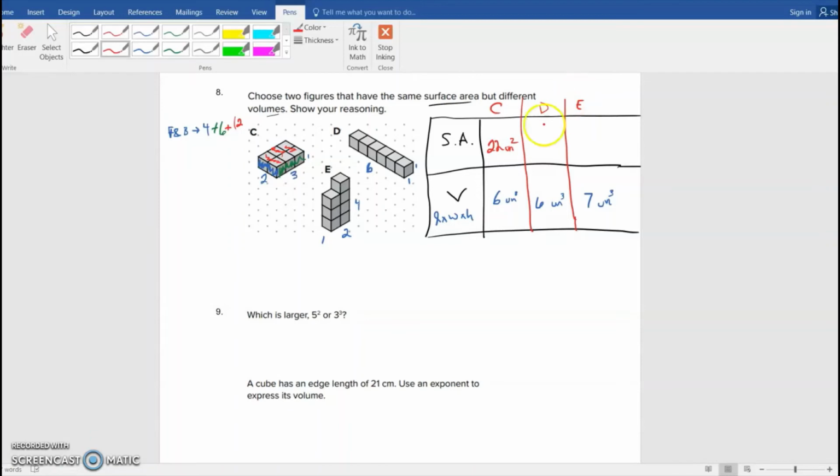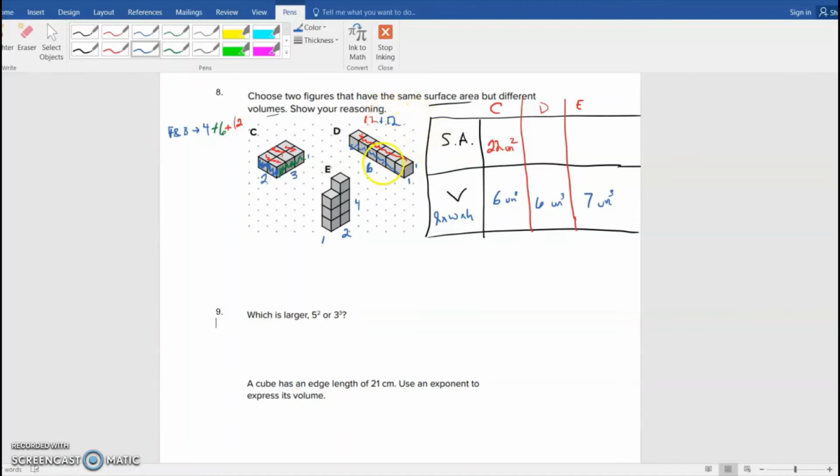Letter D, same idea. If I did the top first, that's 1, 2, 3, 4, 5, 6, plus the bottom. So 6 and 6 is 12 for the top and the bottom. I could do this side right here, which is going to be another 6, plus the back side of it is another 6.